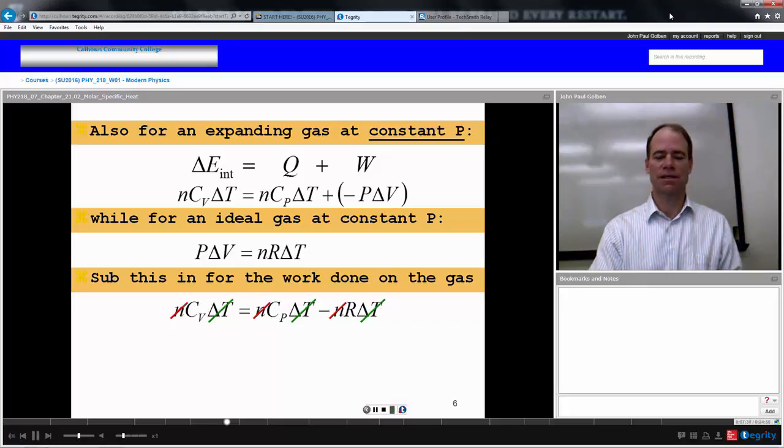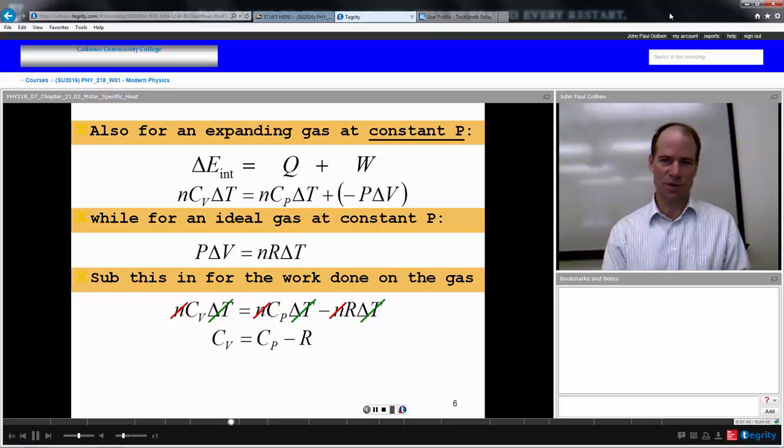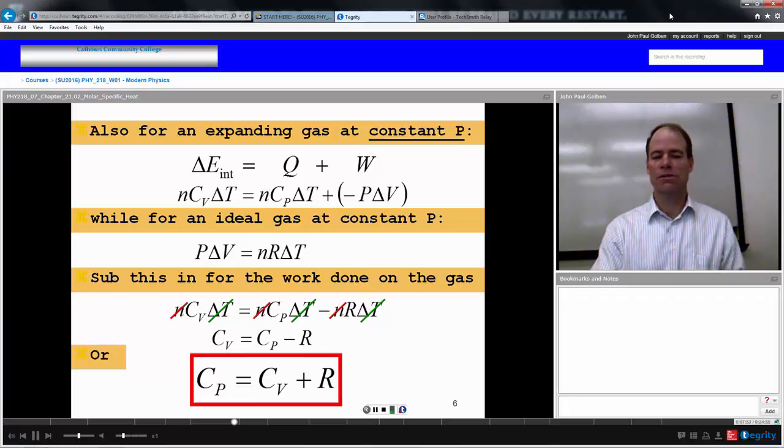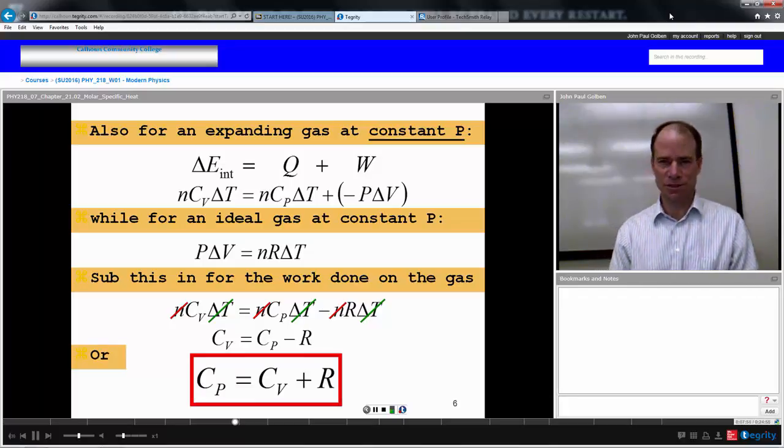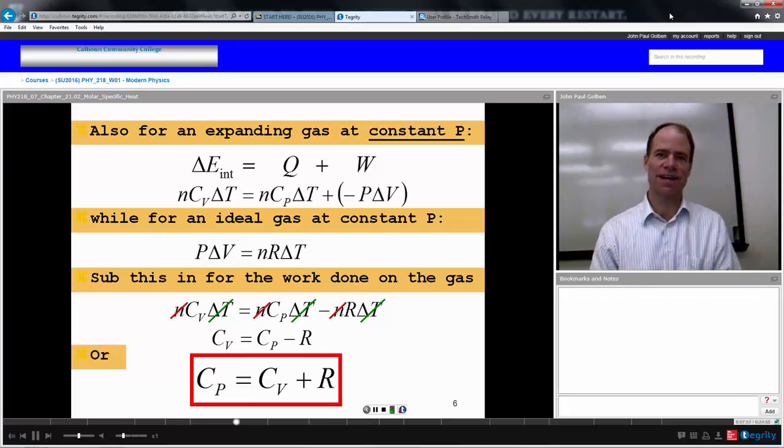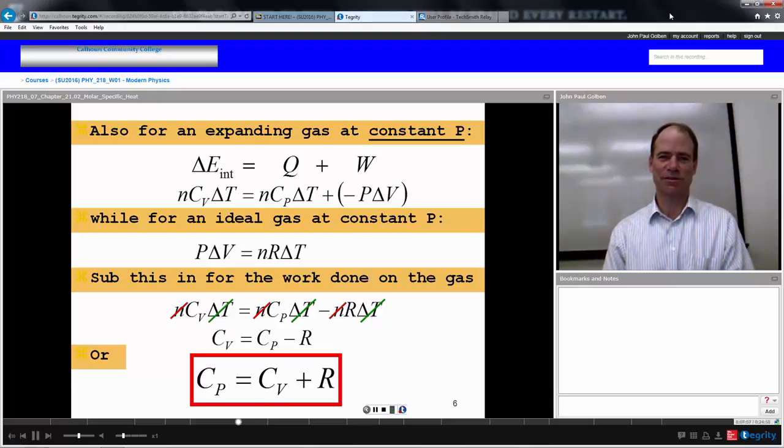The delta T's cancel out. And I'm left with molar specific heat at constant volume equal to the molar specific heat at constant pressure minus our gas constant R. Or in other words, the molar specific heat at constant pressure is equal to the molar specific heat at constant volume plus R. What a neat result.